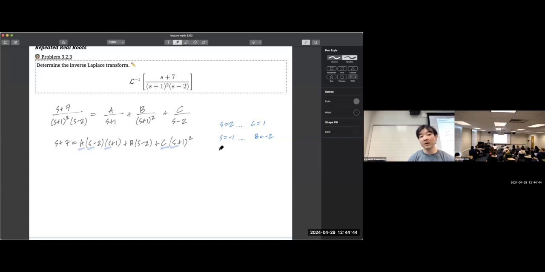So if you collect all the s squared terms, you would have a s squared plus c s squared. But you need this to equal 0 because there's no s squared term here. So that means a plus c must equal 0. So that means that a must equal -1.